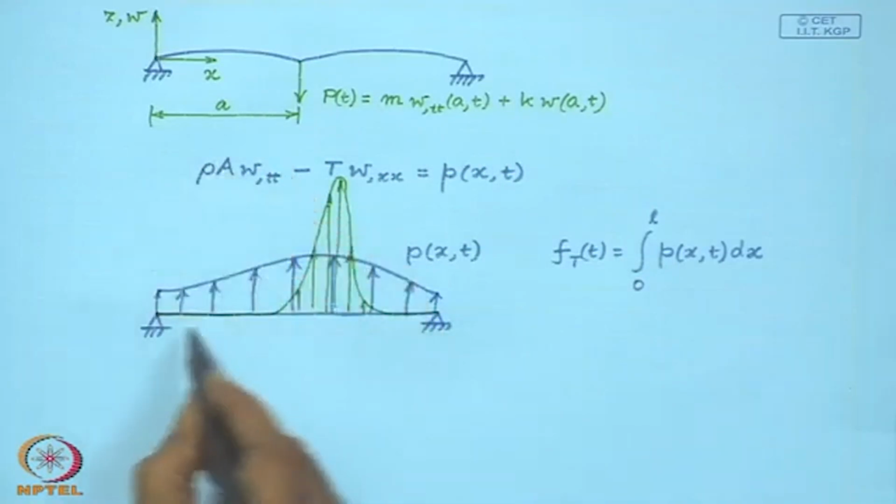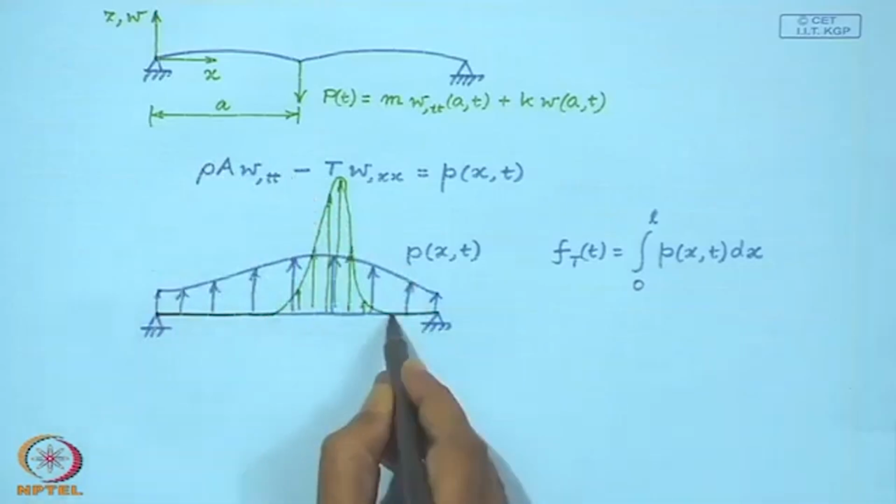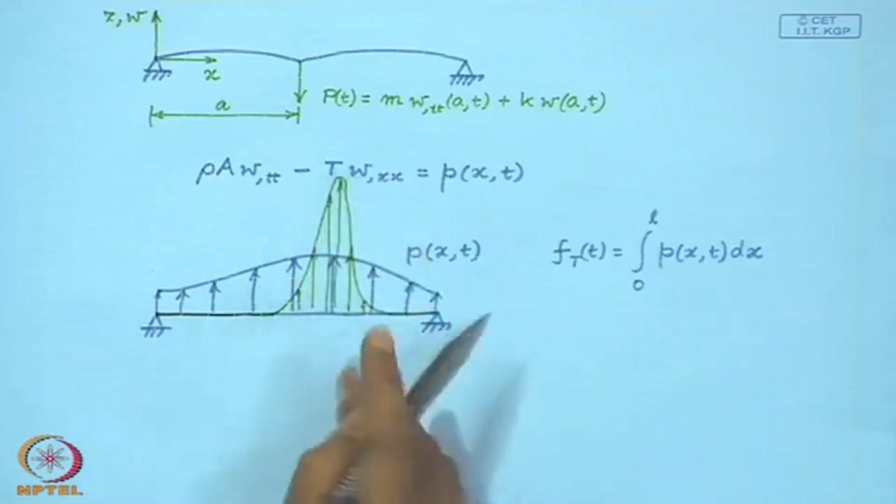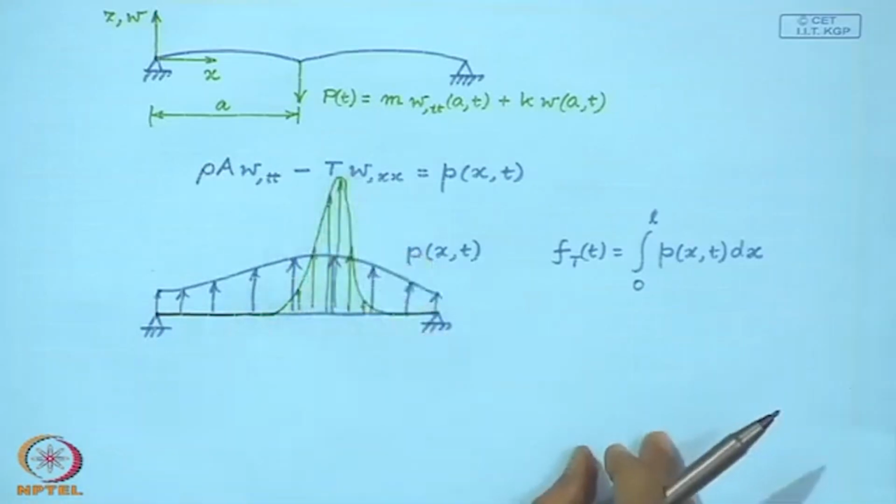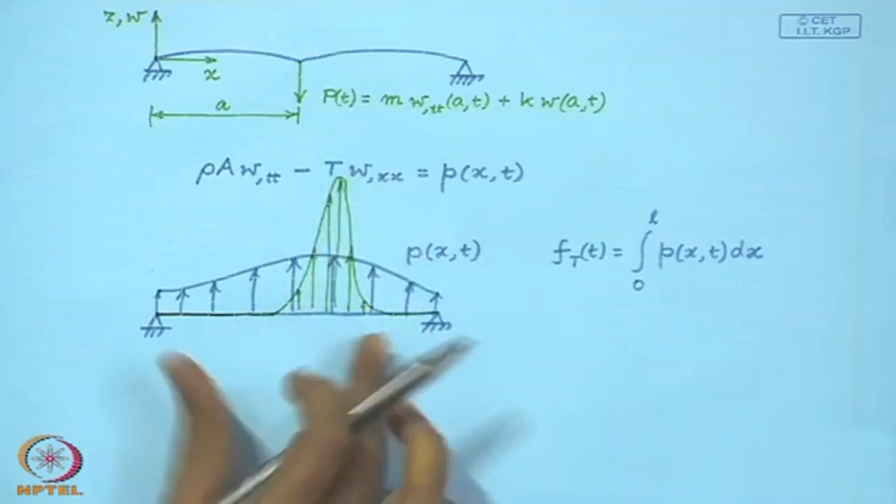Now, this distribution happens to be 0 from here to here and here to here, and it is non-zero only on a finite region of the string, not on the full domain.